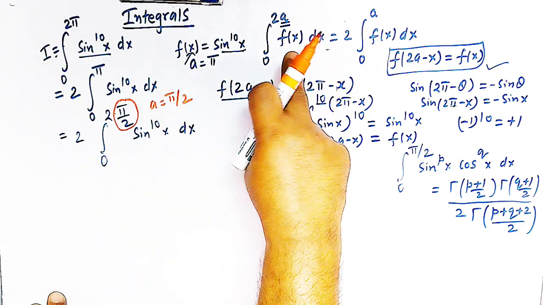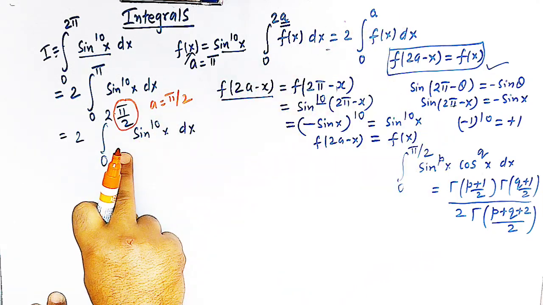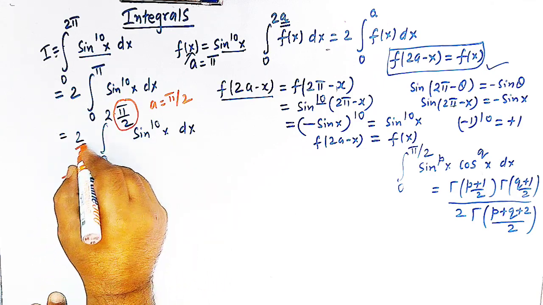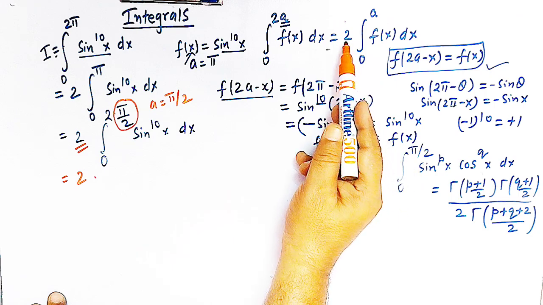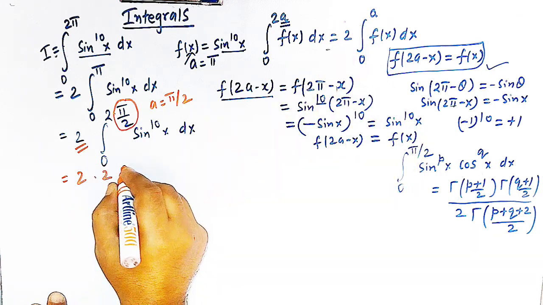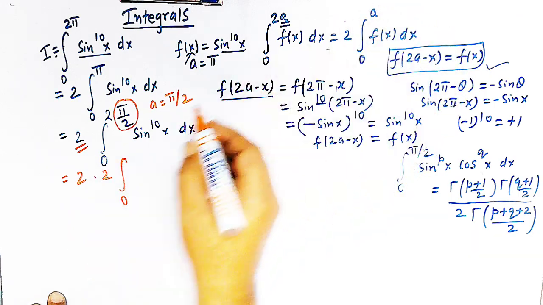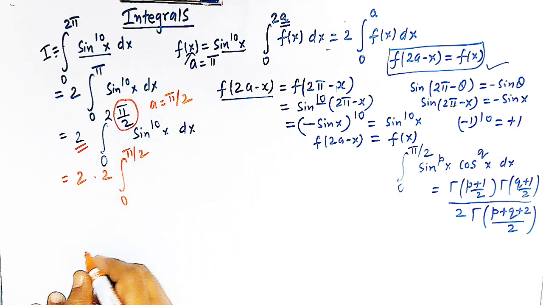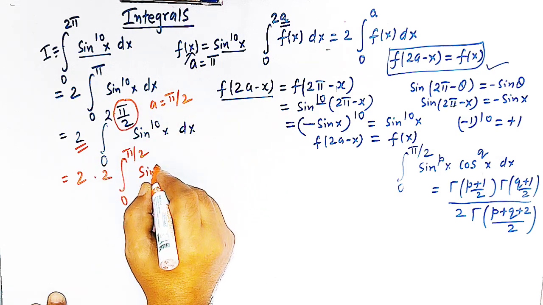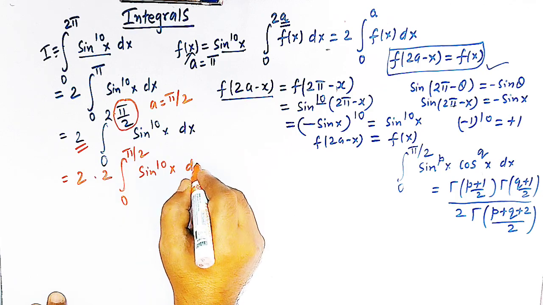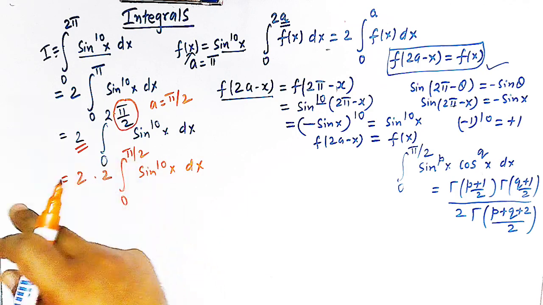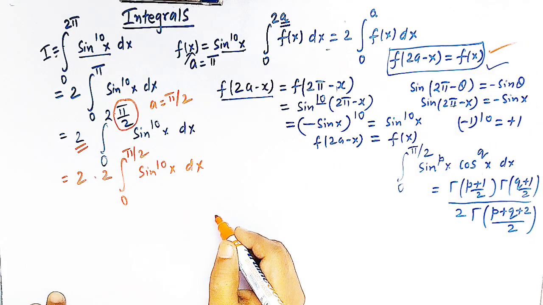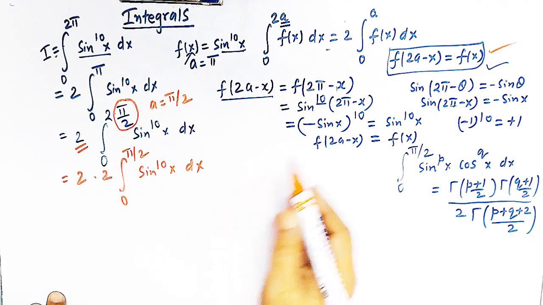So now we can again apply this property to this integral, right? So we have here 2, this 2, and then we have 2 times the integral from 0 to a. So now in this case the value of a is pi by 2, and here we have sine x raised to 10, right? And here again let us see whether this condition is satisfied or not, right?